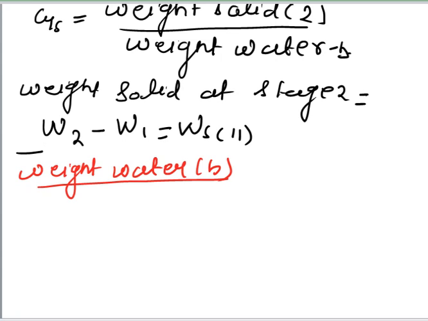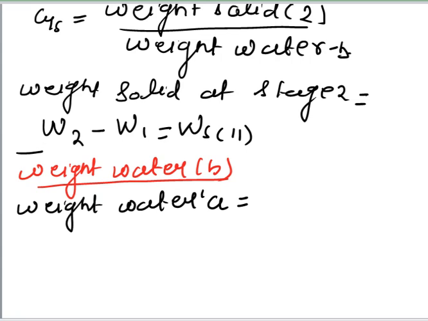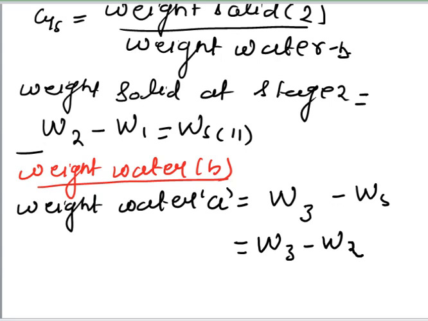First I need the weight of water A, that is in jar number 3. It will be the weight of jar number 3 minus the weight of solid, and what is this? You have to deduct the weight of jar number 2. W3 minus W2 will be the weight of water A.